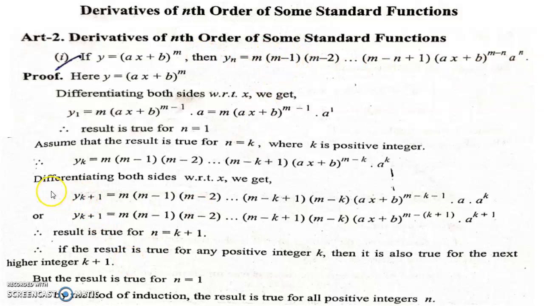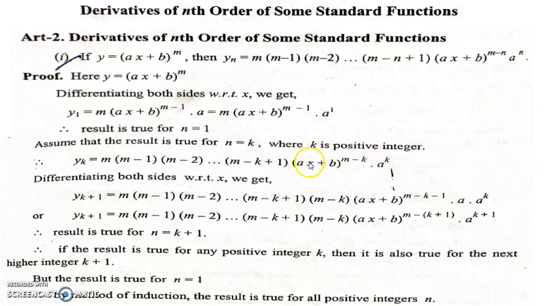Now to find yk plus 1, that is to check whether the result is true for k plus 1 or not, we shall find the derivative of yk. We can write it as yk plus 1, the next derivative. Now all these are constants, so they will remain the same. Differentiate only (ax plus b) to the power m minus k.